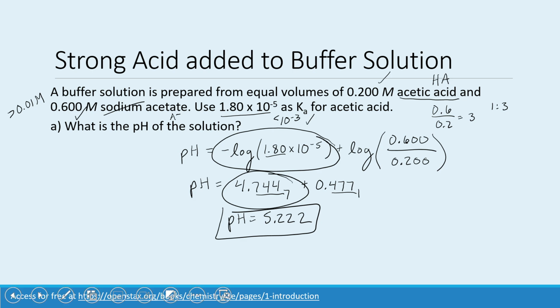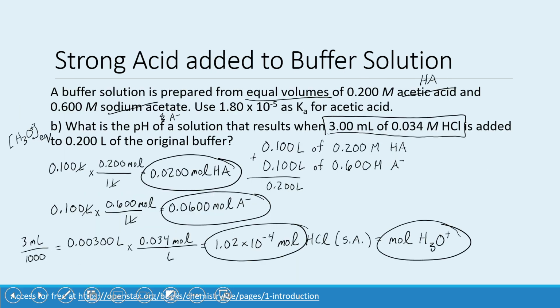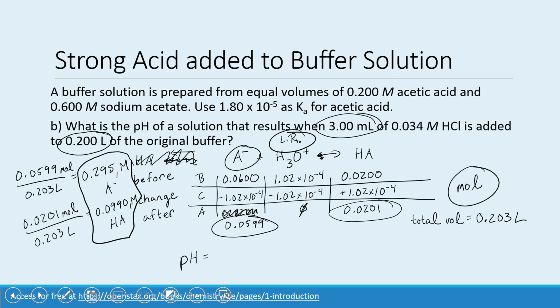Right, negative log of 1.8 times 10 to the negative fifth is equal to 4.7447. So pH is equal to that 4.7447 pKa plus the log of the weak base.